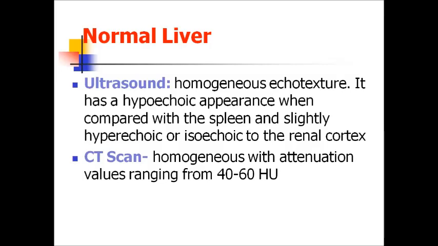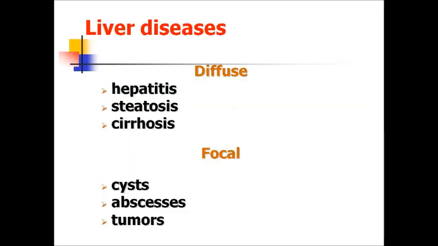It has a hypoechoic appearance when compared with the spleen, and slightly hypoechoic or isoechoic to the renal cortex. On CT scan, structure of normal liver is homogeneous with attenuation values ranging from 40 to 60 Hounsfield units.